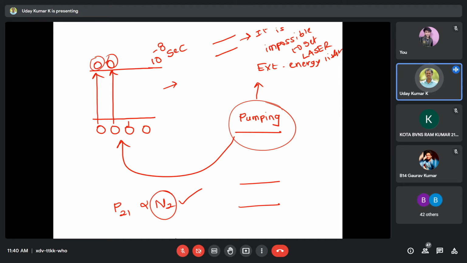So you have to have 3 energy levels. Please remember, this is a very, very important statement: 2 energy levels are not sufficient to produce laser light. So you need at least 3 levels, and that third level is called the metastable state.